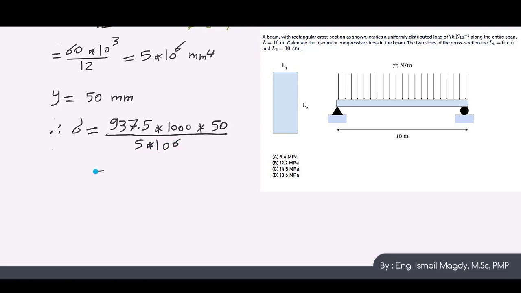Solving this equation, it will result in stress equaling 9.375 Newton per millimeter square, which is megapascal.